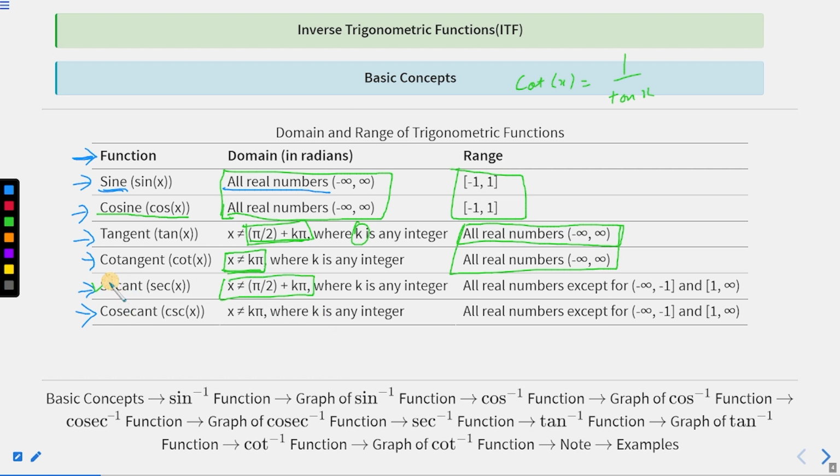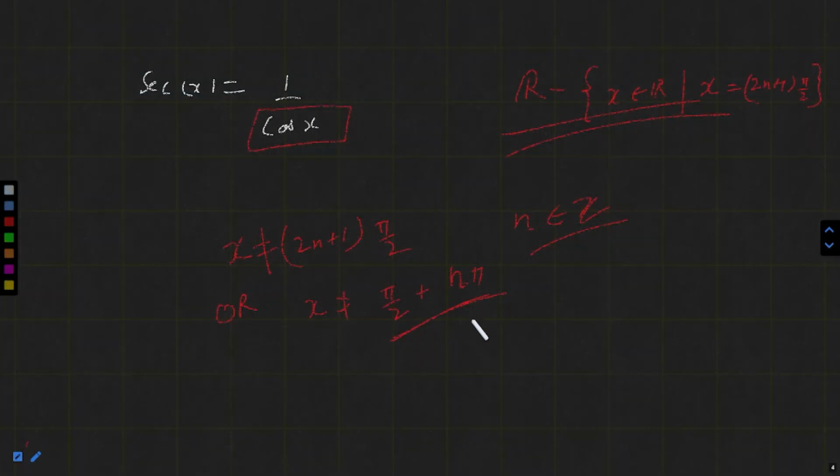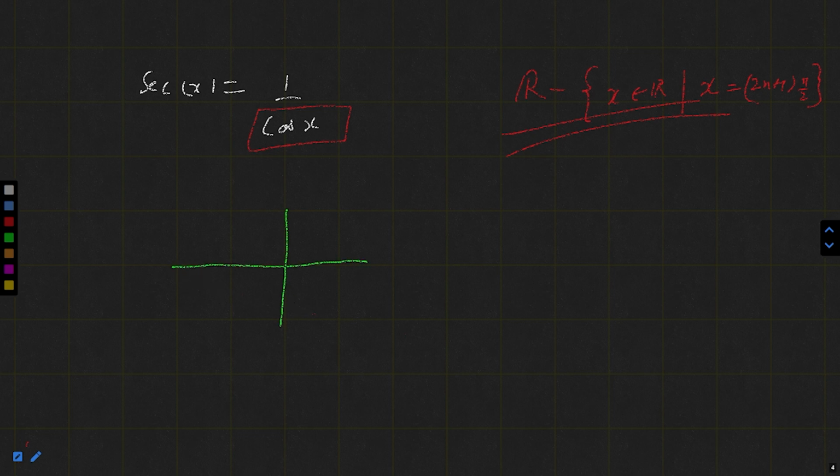The domain is this, but the range will be all real numbers except this. Why? If you recall the graph for the cosecant function, it is quite easy to remember. Let me give you a way to easily recall the graph for the secant function. To draw the graph for secant, always start with the cos graph. So this is your cos graph.